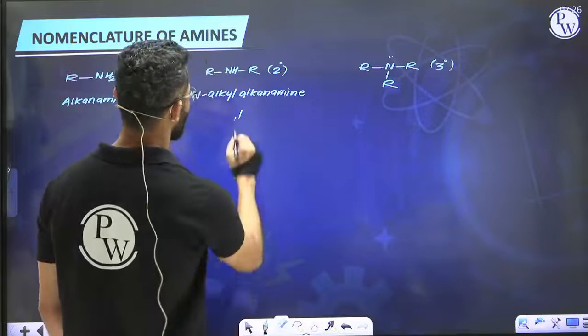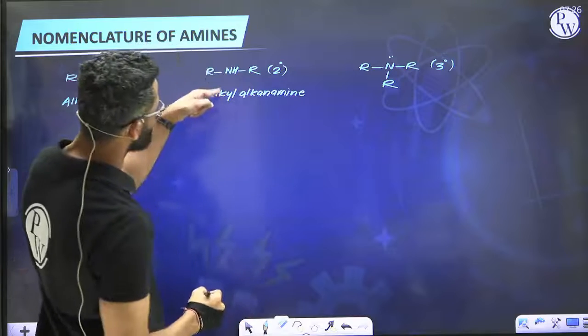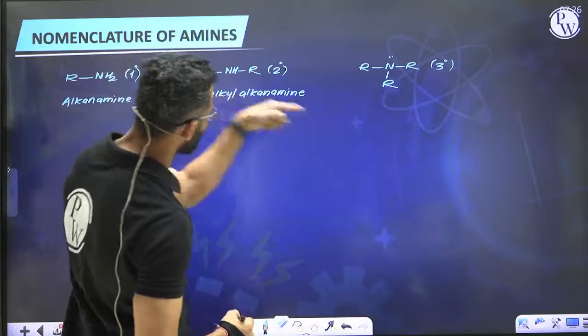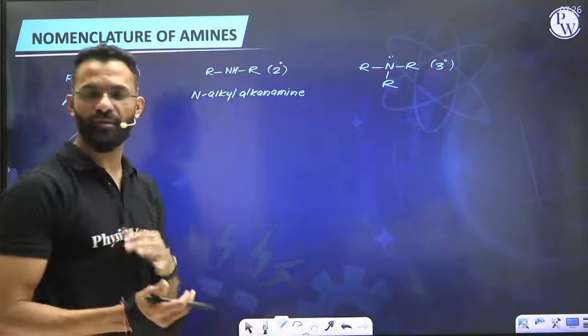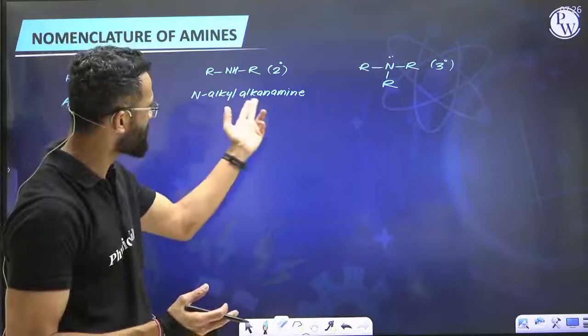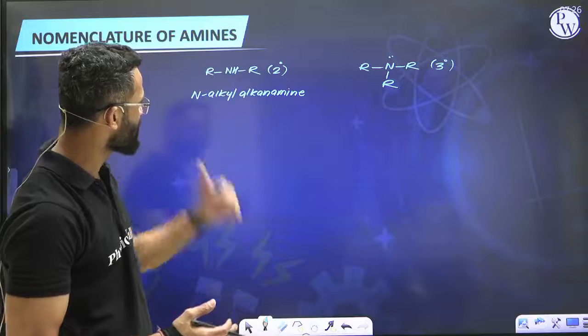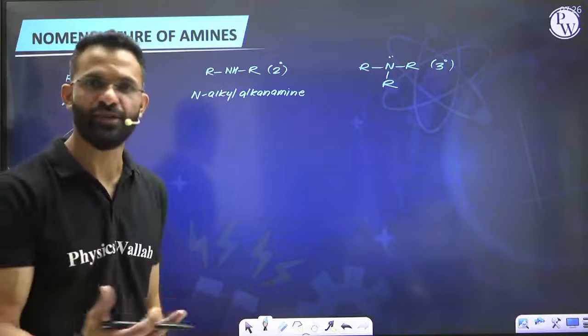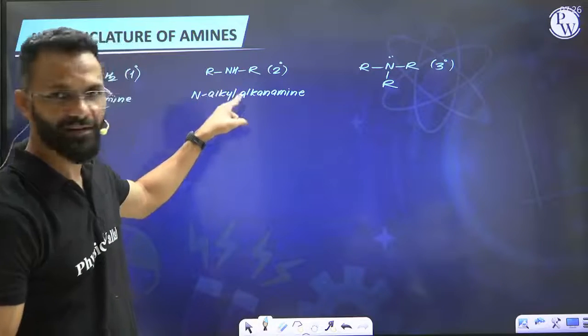While deciding which alkyl group has to be considered as the alkyl and which as the parent alkane, of course we look for the number of carbon atoms. Any alkyl which has more carbons will be considered as the parent, as alkanamine, and the remaining alkyl will be considered as a substituent present on the nitrogen atom.